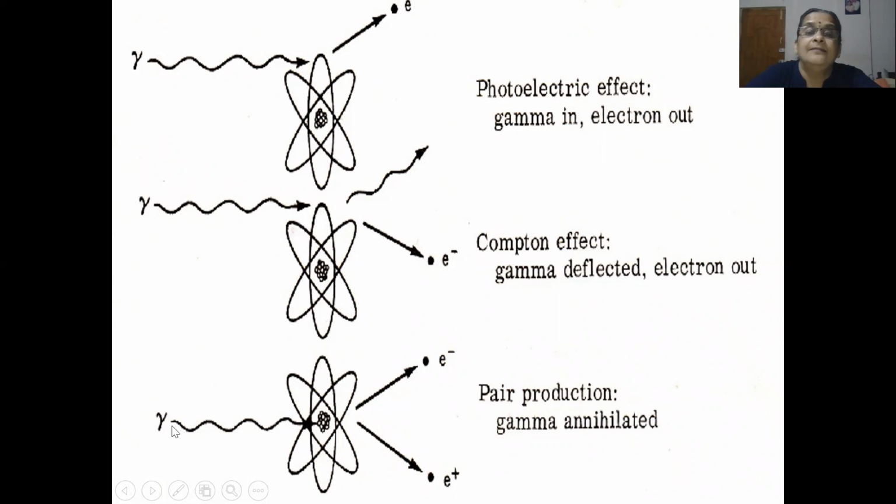And here in the pair production, the gamma gets very close to the atomic nucleus, and a pair of positron and negatron is produced, with the gamma getting totally destroyed or annihilated, because this energy has got converted into matter.